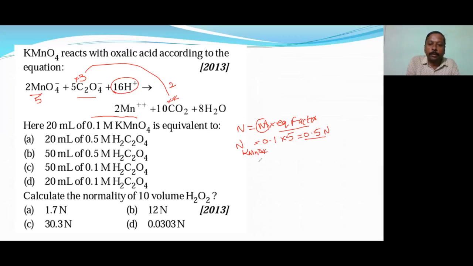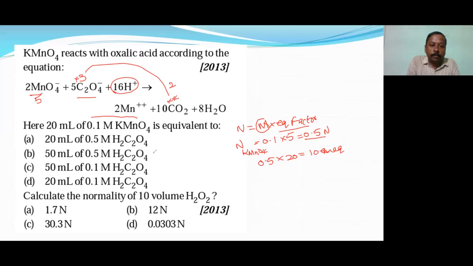And 0.5 normality into the volume of 20 gives the milliequivalents: 0.5 into 20, which is 10 milliequivalents.